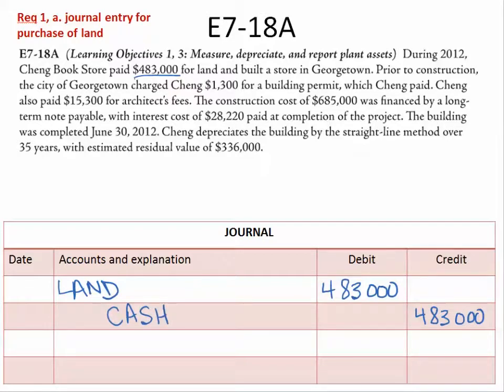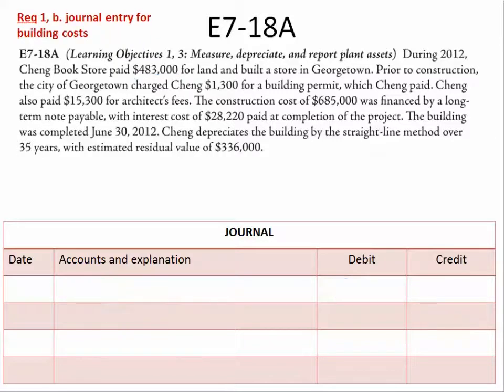Now we're going to go on to requirement 1, entry B. This is a journal entry for all the building costs. They said to do all the building costs in one entry. So we have $1,300 here, $15,300 for architect's fee, construction cost of $685,000, and interest cost.